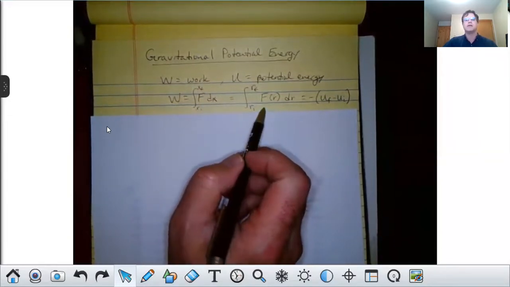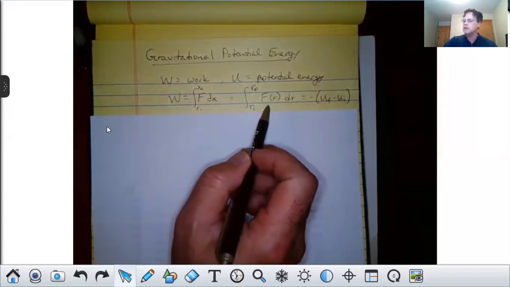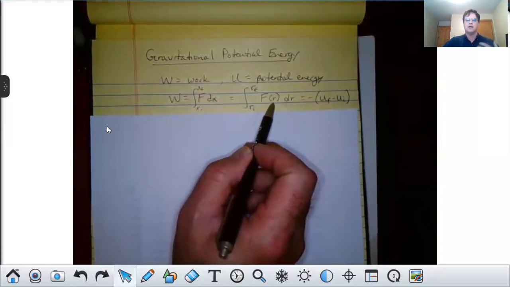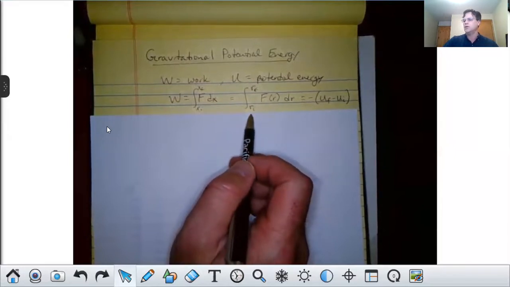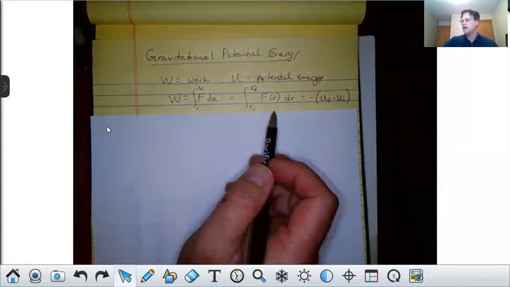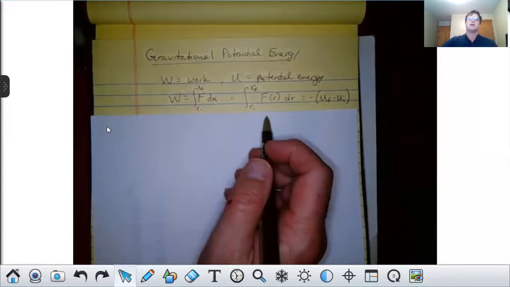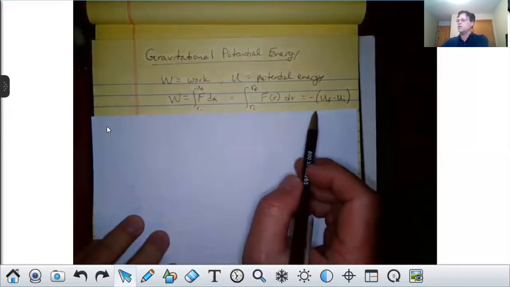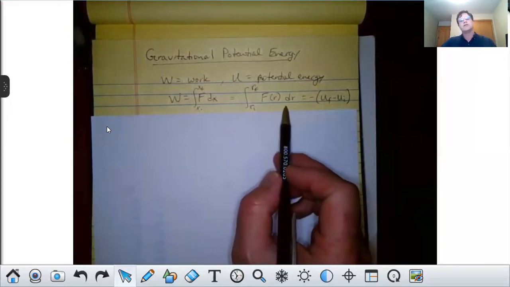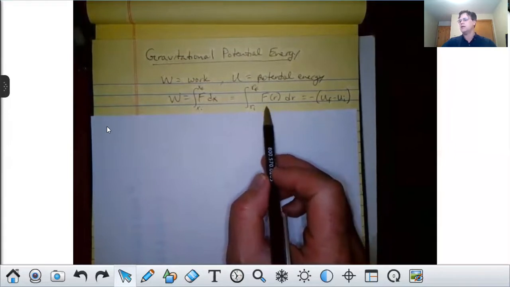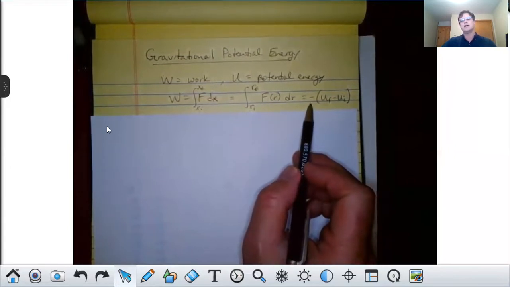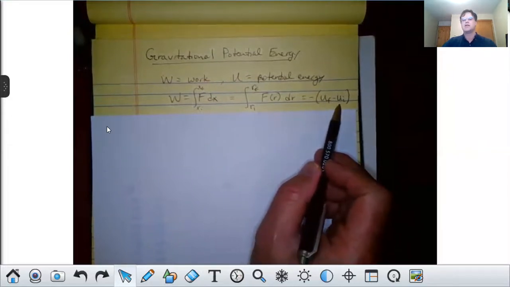Since we're talking about Newton's law of gravitation, our variable is r, the distance between the masses, so we're going to do an integral from r initial to r final over that force. And if you remember from Physics 221, for these conservative forces you can define a potential energy. It's related to the work by the fact that the work is the negative of the change in the potential energy, U final minus U initial.